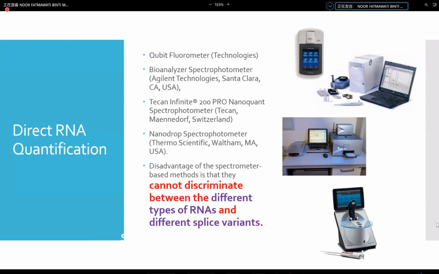Because there are many types, how do we differentiate between all of this? You know, from non-coding, from a microRNA, and then you have splice variants. How do we differentiate all this?